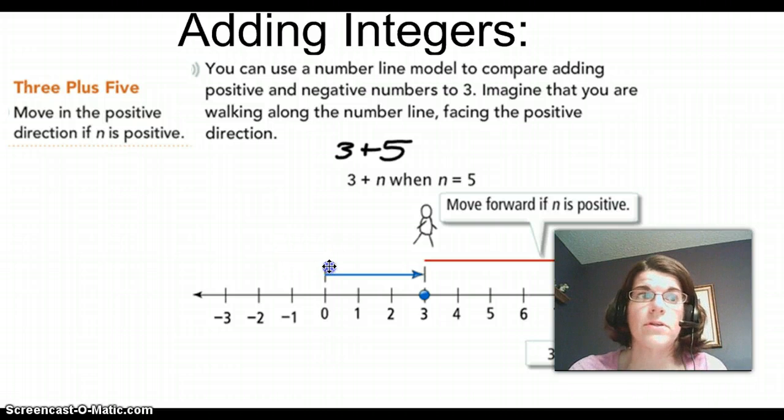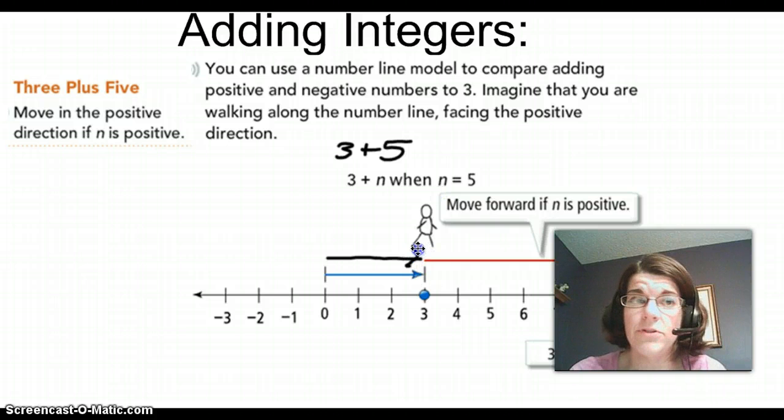The first blue line here is our starting point, 3. And you can see the little man right here is showing that's the starting point. And then we're going to add 5 to it, so that would be 5 moves forward in the positive direction. So we end up at positive 8.